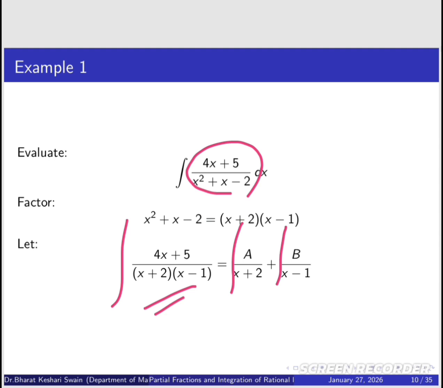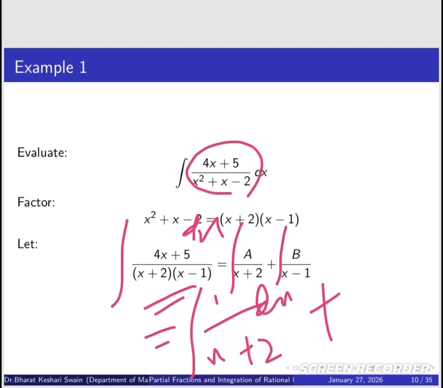Is it not? Integration of a by x plus 2 plus b by x minus 1, dx, is equal to, already we have got the value of a is 1, so 1 by x plus 2 dx, plus b, the value of b is 3, so 3 by x minus 1 dx, and just integrate it.